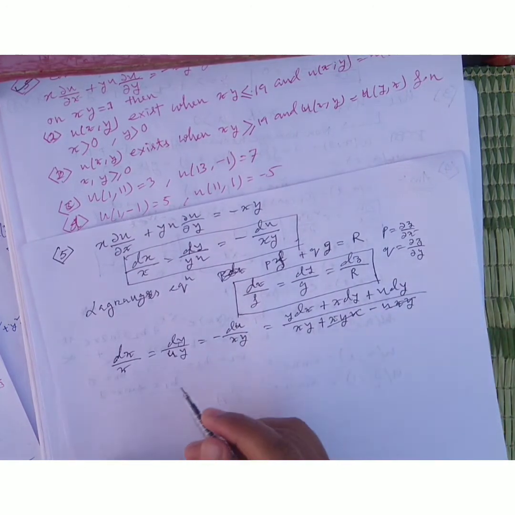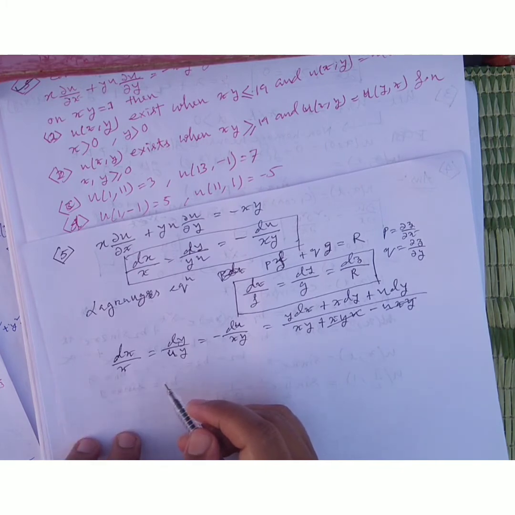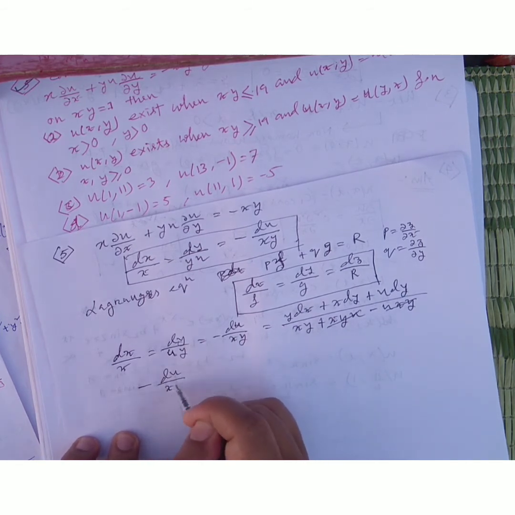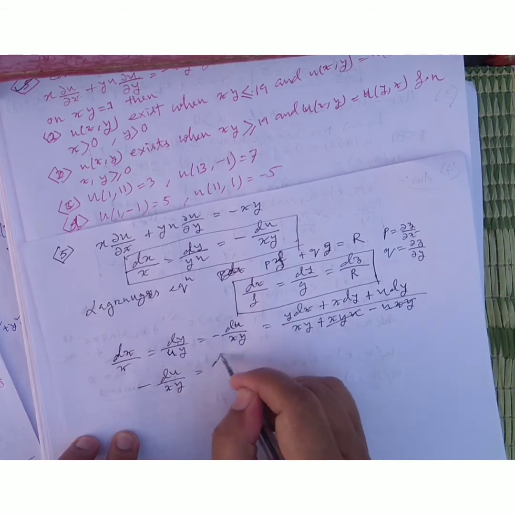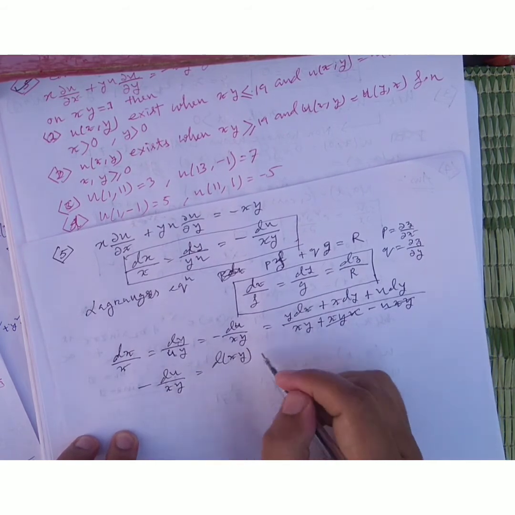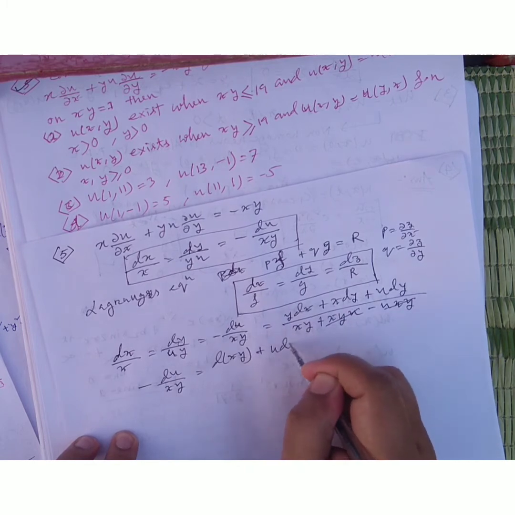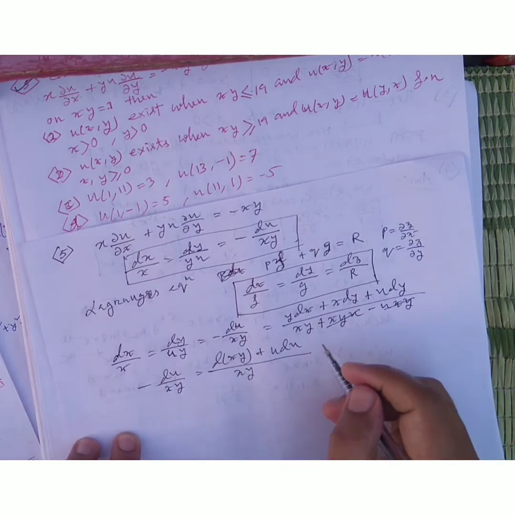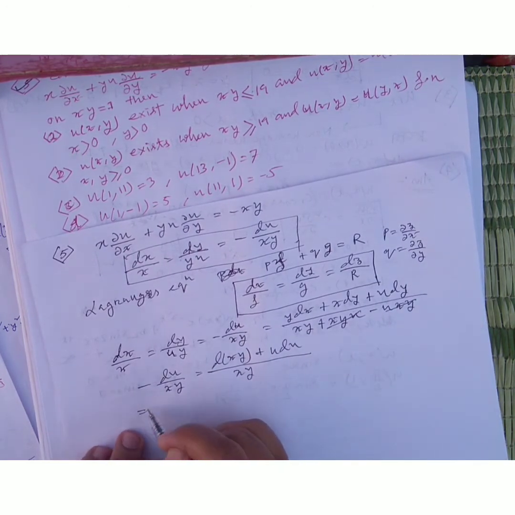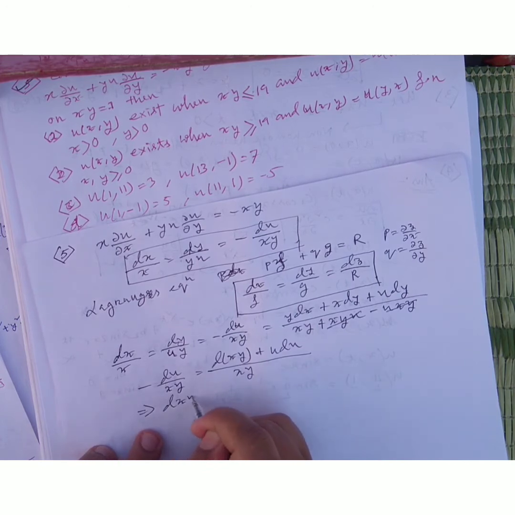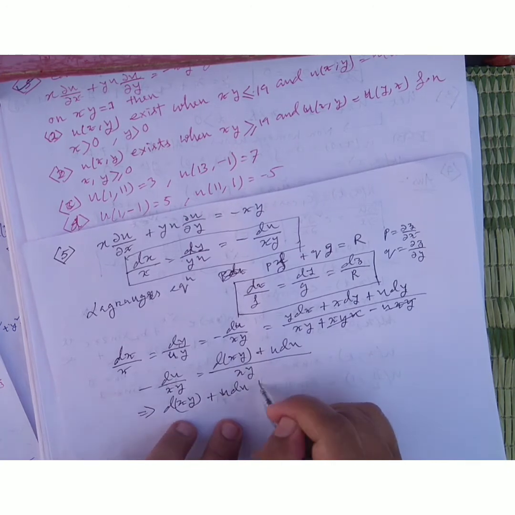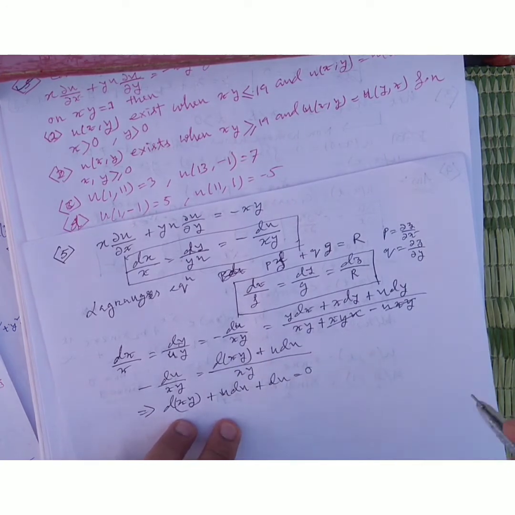I get minus du by xy is equal to d(xy) plus u du divided by xy, and I get another: d(xy) plus u du plus du is equal to 0.